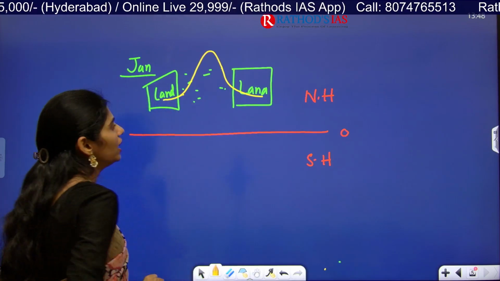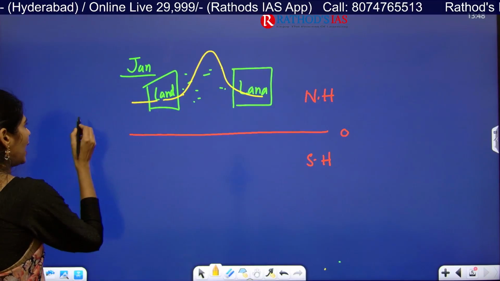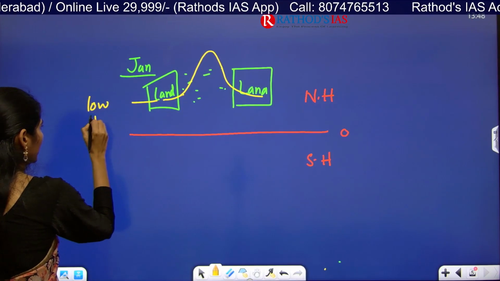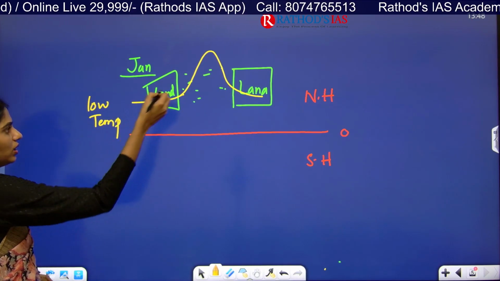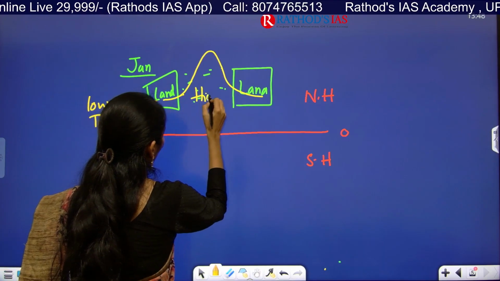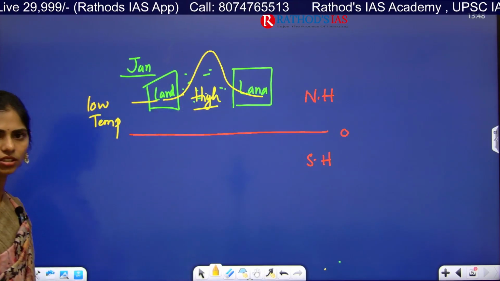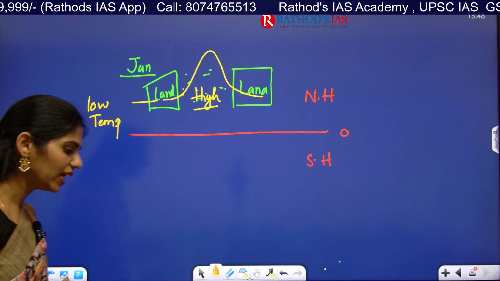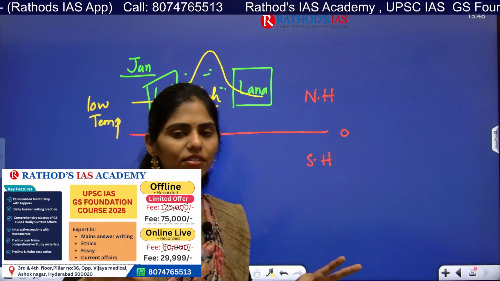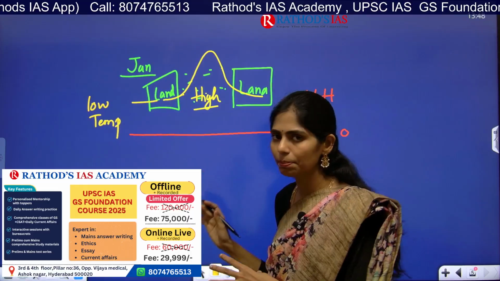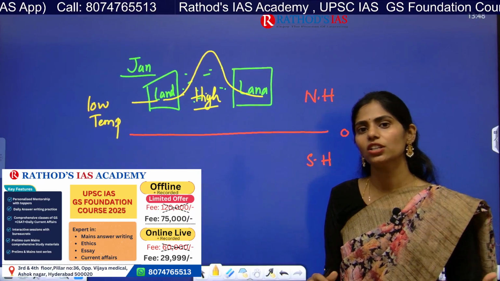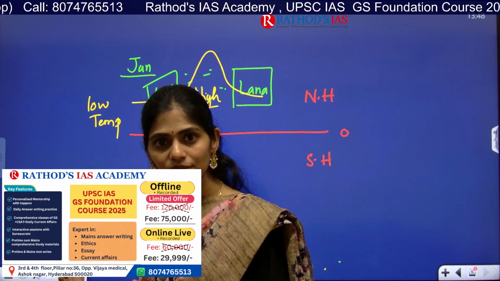That means land is having low temperature and the ocean or water is having high temperature here. If you know this, even in your NCERT you will be having these maps which clearly depict these isotherms in January, as well as in the month of which month?